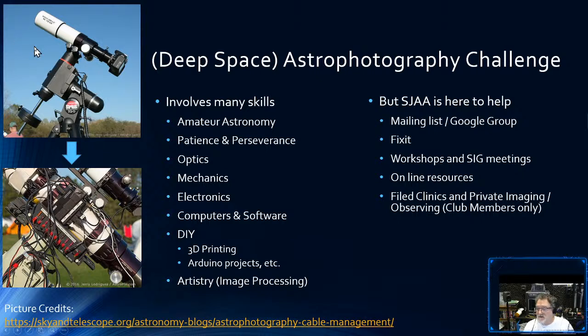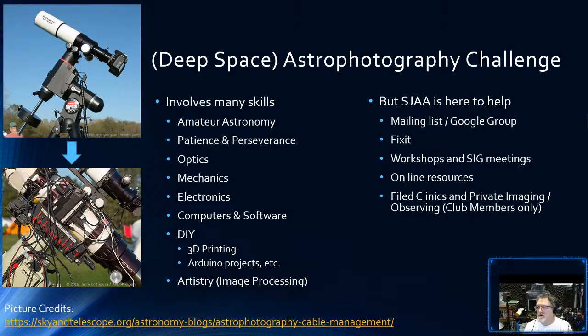We have Francesco, an excellent imager, one of the best image processors I've seen. He uses a DSLR and a small refractor and an intervalometer and a mount and a standalone auto guider, and that's about it.